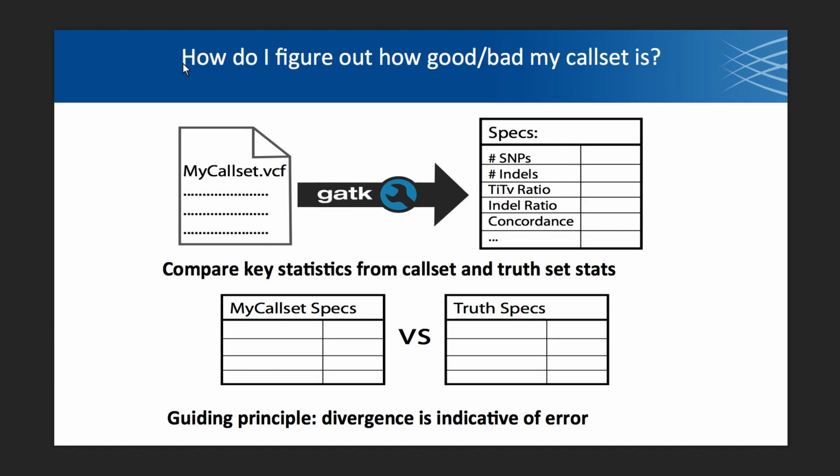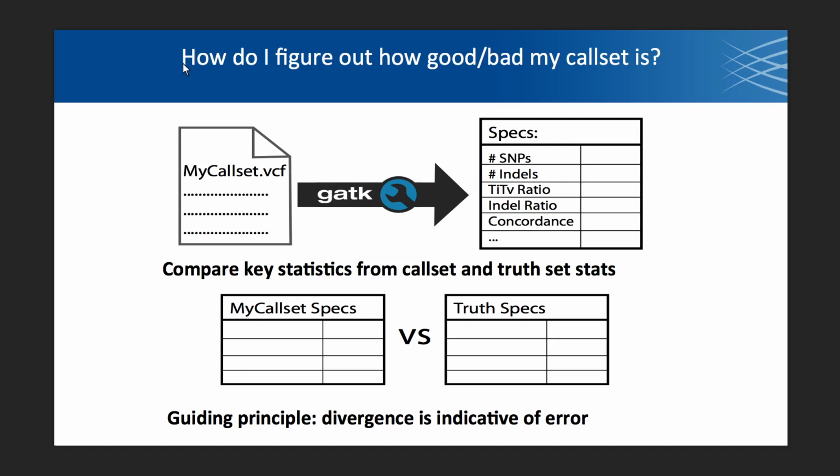So numbers like how many SNPs does it have? How many indels are there in your call set? What is the Ti/Tv? We'll talk about what that means on average in the call set. What is the indel ratio? What is the concordance between this call set and another call set of good quality on maybe a subset of the samples?